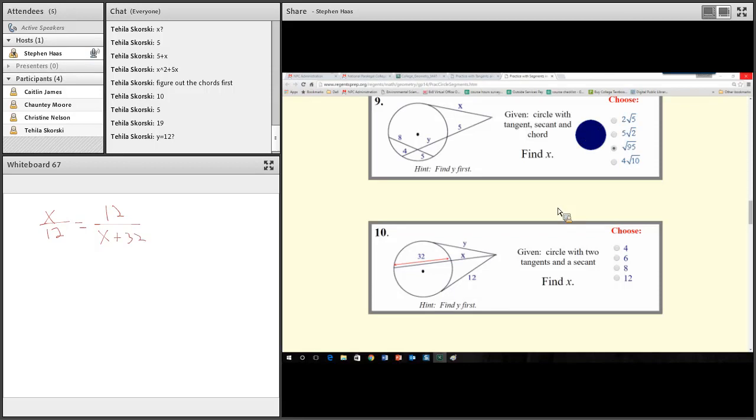And if you do the cross multiplication, you do x times x plus 32 is x squared plus 32x equals 144, or minus 144 equals 0. And so this you can factor into, what two numbers multiply up to 144?